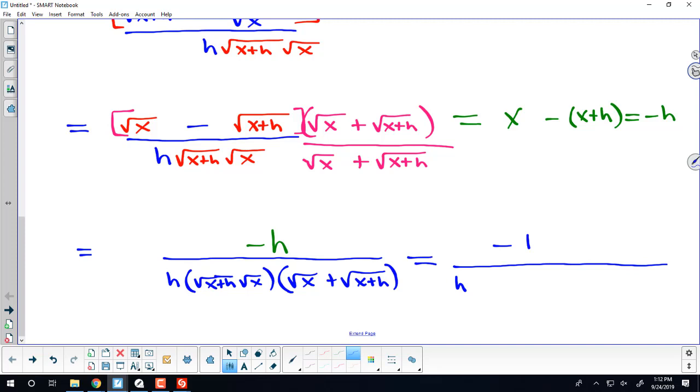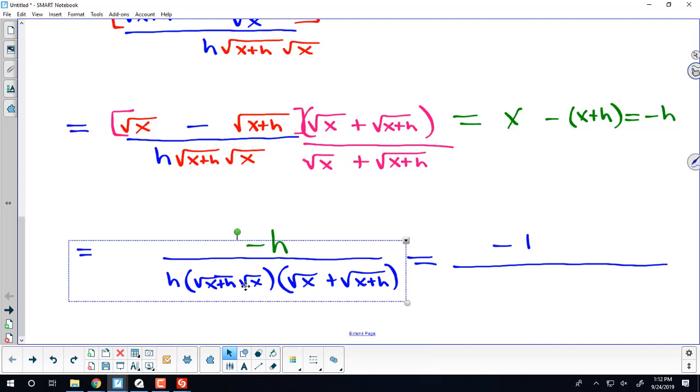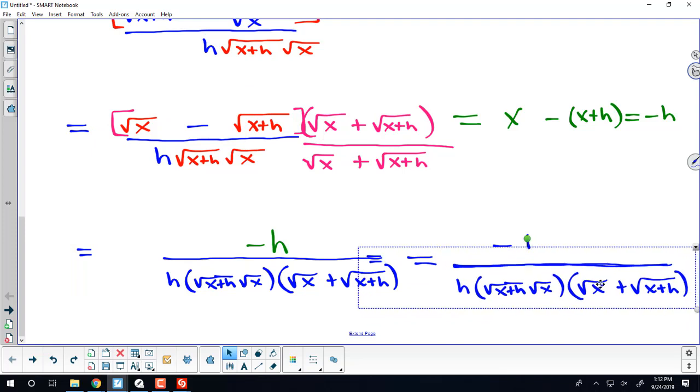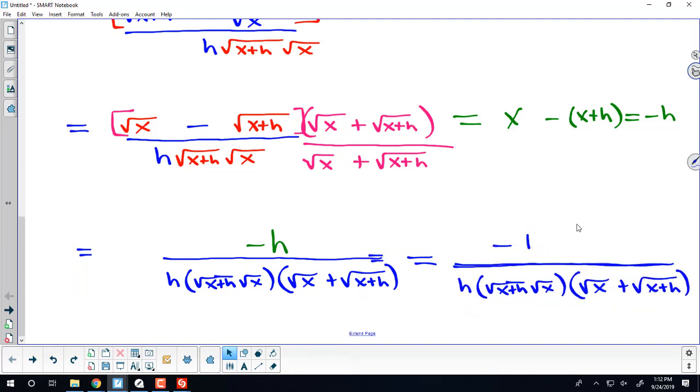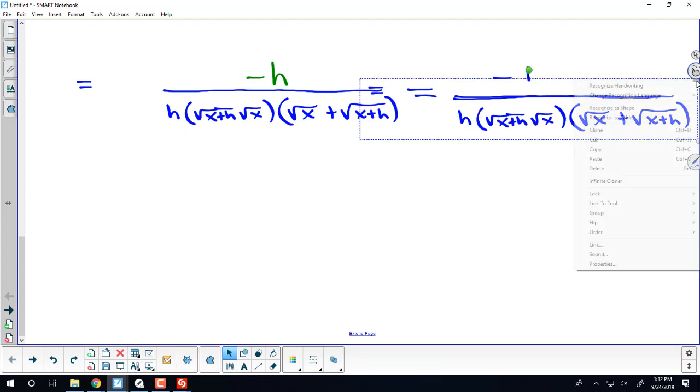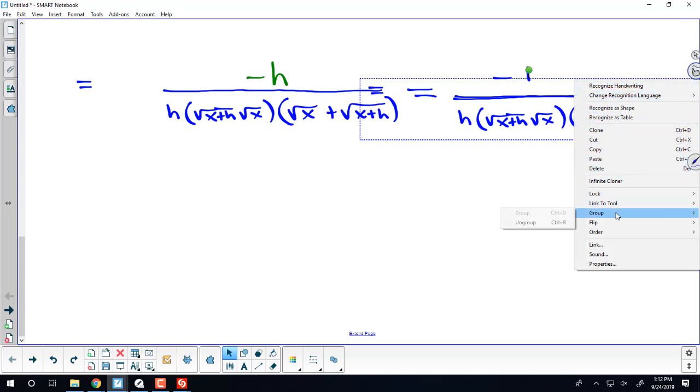I'll just write it out in there. Let me group them.